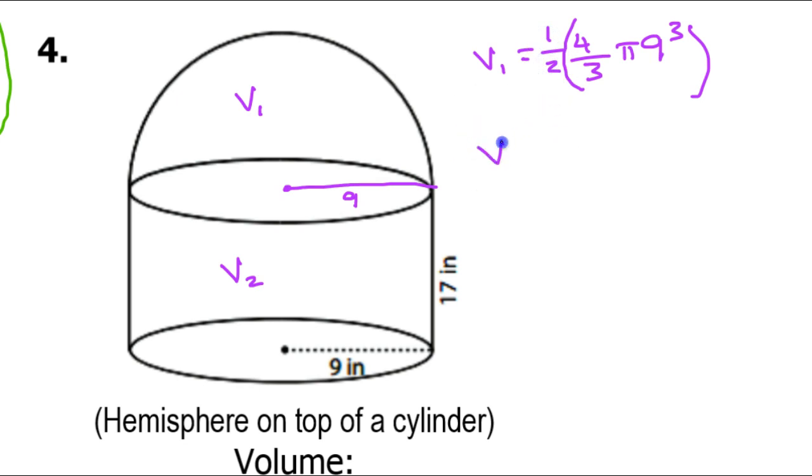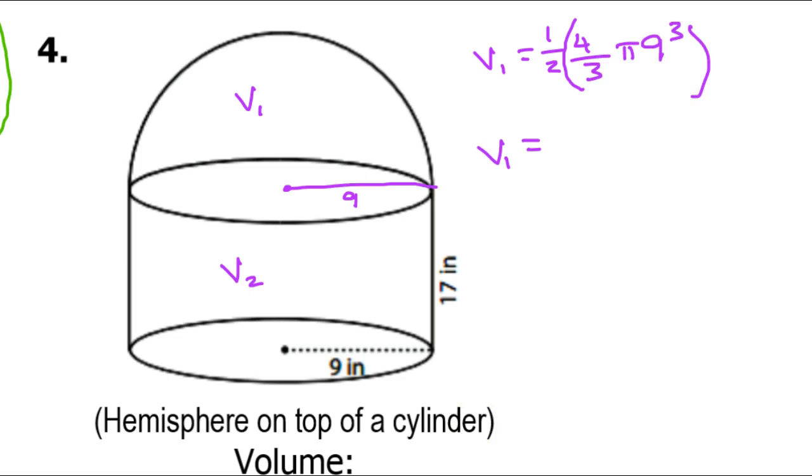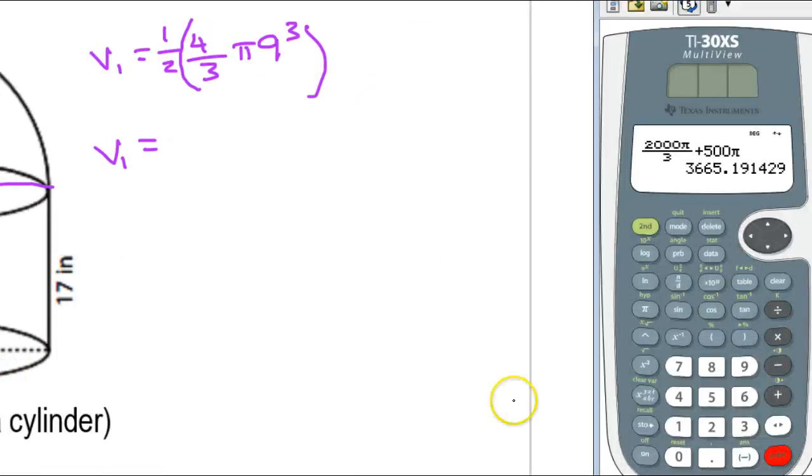So let's see what that is. Let me see if the calculator will give me this as an exact answer. Alright, so that's 486 pi.